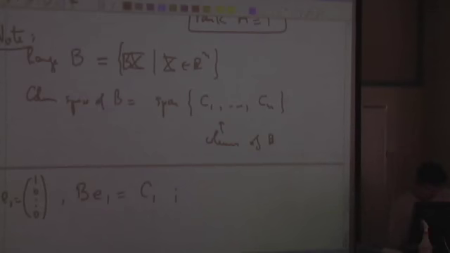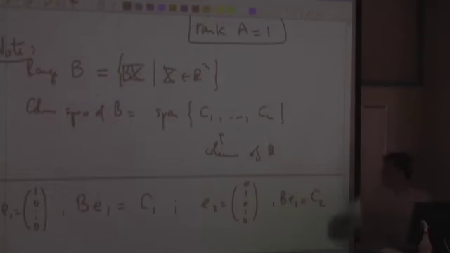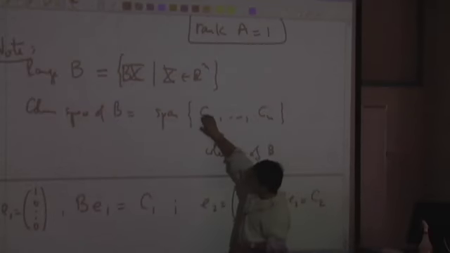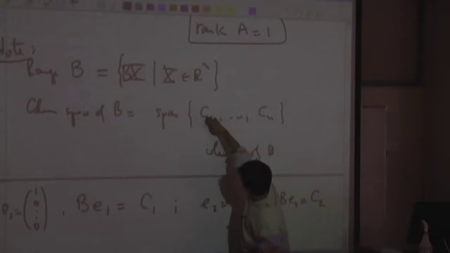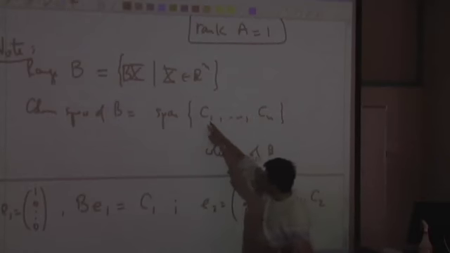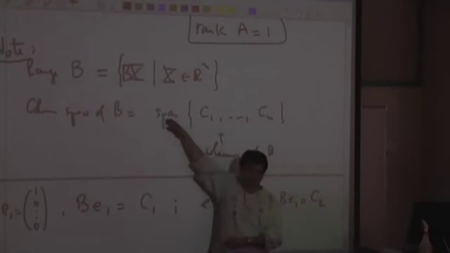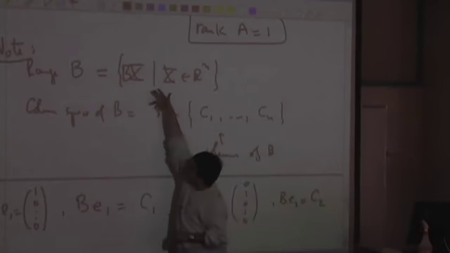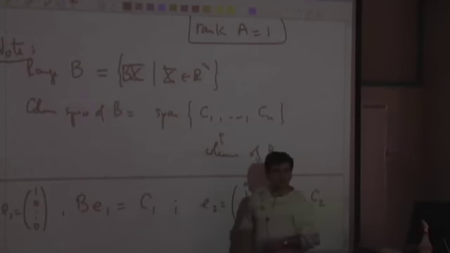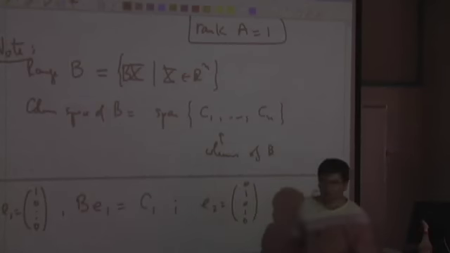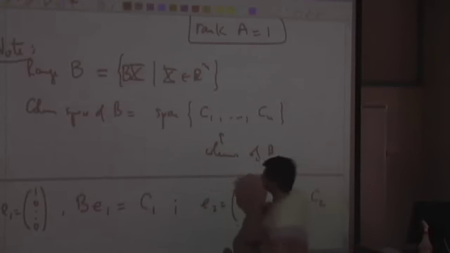So e2 is going to be 0, 1, 0, 0. B e2 is c2, and so forth, right? So you can see that basically the span of the set of columns is in the range, right? But you also need to show it the other way around, right?